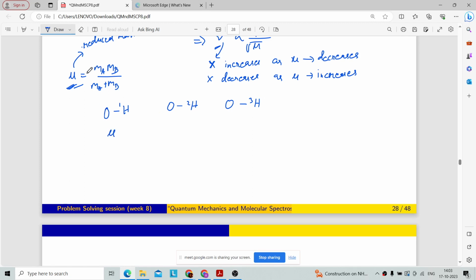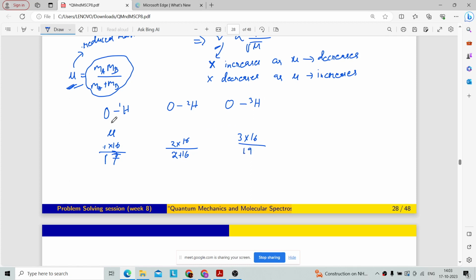So we know the reduced mass formula here. For this one, it will be 1 times 16 divided by 17, right. For this one, it will be 2 times 16 divided by 2 plus 16, that means 18. For this one, it will be 3 times 16 by 3 plus 16, that means 19.